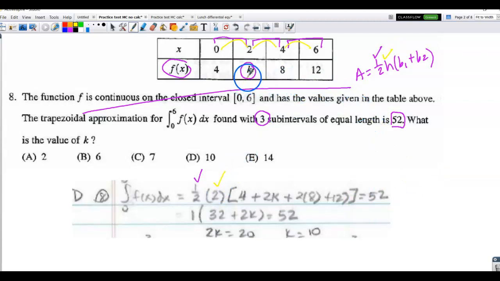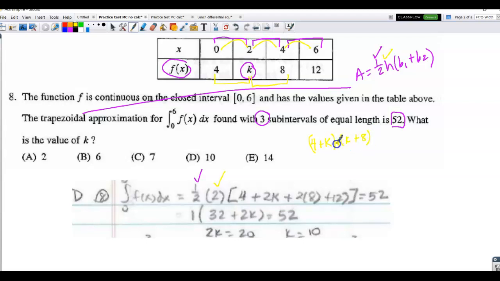All right, then I'm going to go to the bases. For trapezoid number 1, I will have base 1 plus base 2, which is 4 plus k. For trapezoid number 2, I'll have base 1 plus base 2, which is k plus 8.